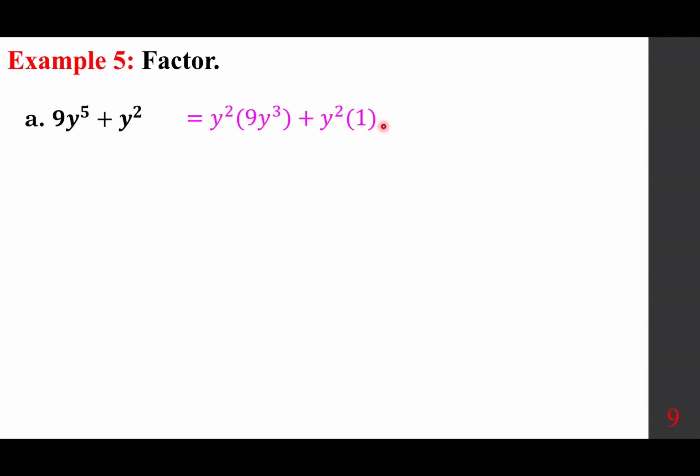This is y squared times 1. And so if I take the common factor of y squared out, it gives me 9y cubed. This gives me whatever this sign is, and this number. So y squared times 9y cubed plus 1. And I hope you can go from here to here without having to write this. But if you need to, you can.